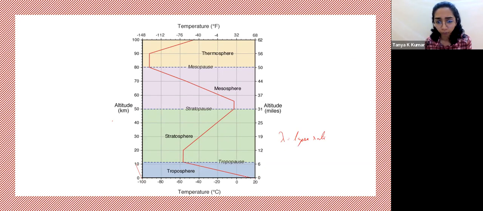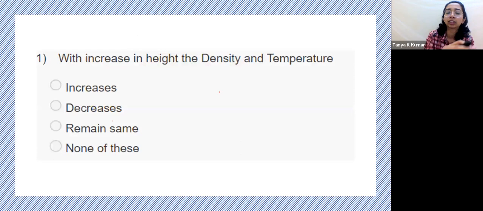In the troposphere region, from 0 to about 11 kilometers, this value is negative. From 11 to 20 kilometers, the temperature remains constant. After that, the lapse rate is positive. So when they ask a question without specifying the region, you assume troposphere. In this case, density and temperature both reduce.